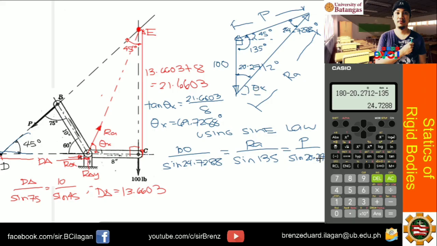Pala nagkasya dito. So 2712 lang yun. With that, mahanap natin yung value ng RA and yung value ng P, so using the calculator, 100 of sine ng 135 divided by sine of 24.7288.